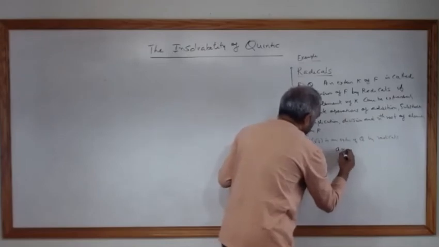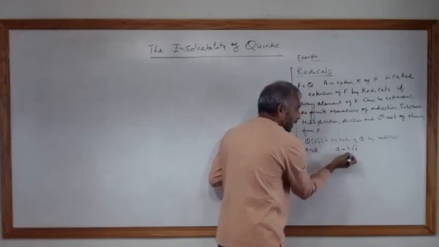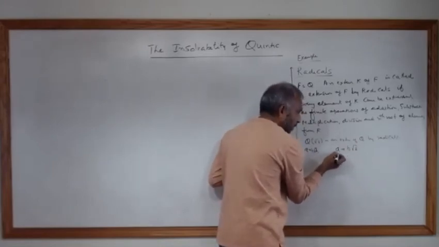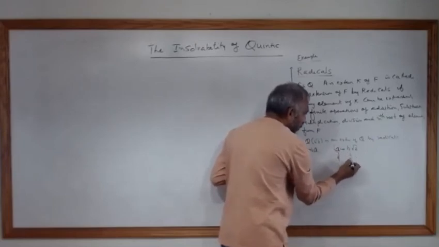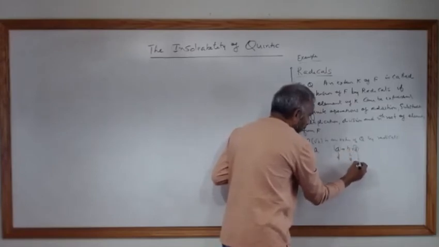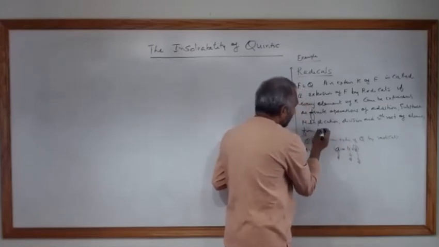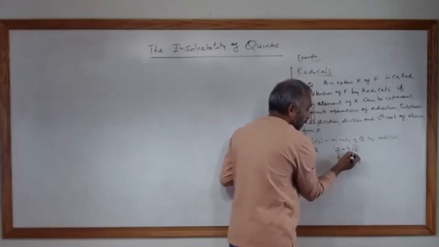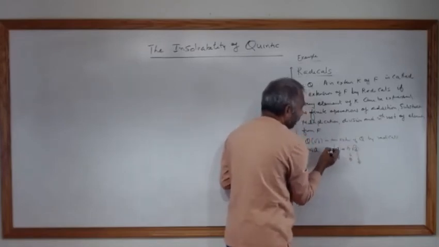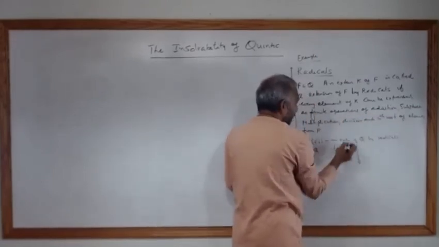These are all a finite number of operations. This element is from Q, this element is from Q, and this is the square root of 2. So this is finite operations of addition, subtraction, multiplication, and division.